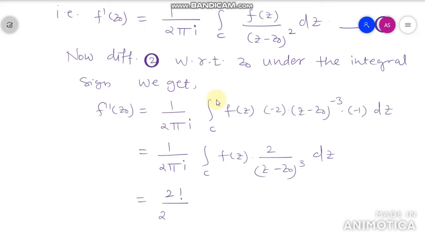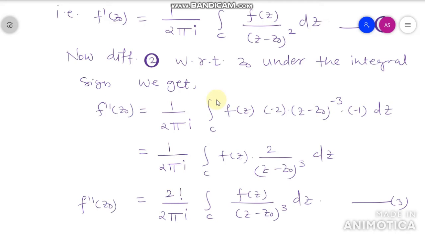So 2 factorial divided by 2 pi i into integral over C f of z divided by z minus z0 bracket cube dz. This is the third equation: f double dash of z0 is equal to 2 factorial divided by 2 pi i into integral over C f of z divided by z minus z0 bracket cube dz.